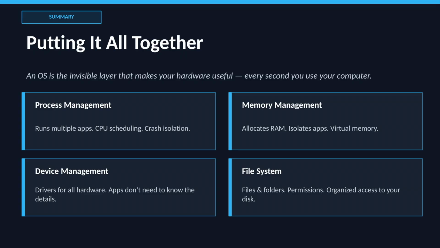It manages memory so every app gets its fair share safely. It manages devices so apps don't need to know hardware details. It manages your file system so data is organized and protected. Every second you use your computer, your OS is doing all of this silently in the background.